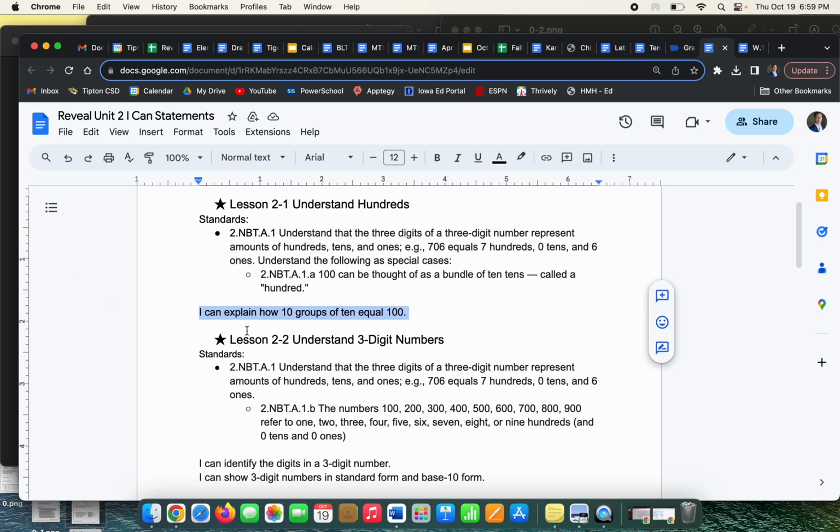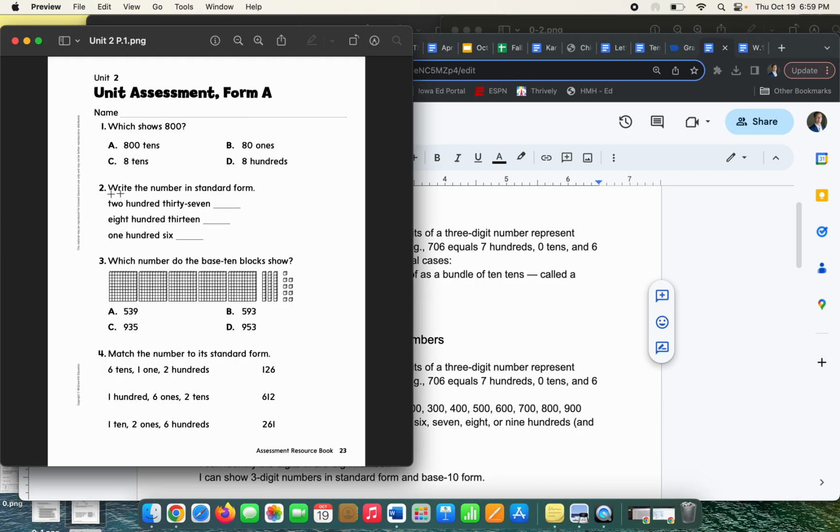So what we would do as a standard now is ask the question of, okay, does this assessment actually assess this I can statement? That's a question you need to be thinking on here. So are we actually assessing what this is asking us to do? So this is the first part of their Unit 2 test, which shows 800, 800 tens, 8 tens, 80 ones, or 800s.